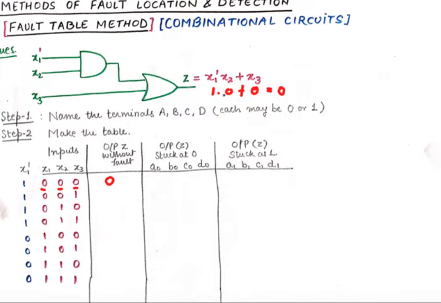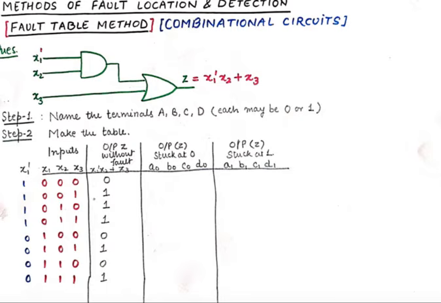Then for 0, 0, 1, this is still 1 into 0 plus 1, so it is 0 plus 1, which is 1. This is the list of fault-free output Z, and you could populate this table like this. You could pause the video and write down these outputs.